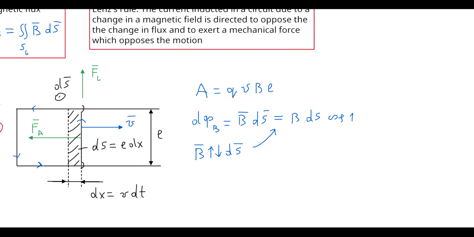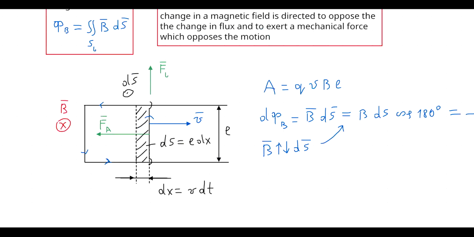And cosine of 180 degrees is -1. So it will be minus B dS.